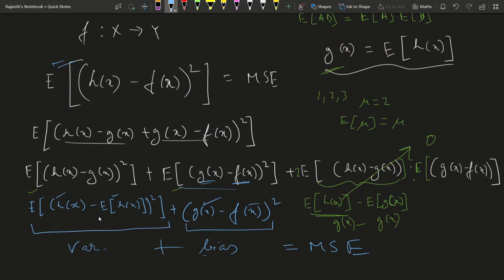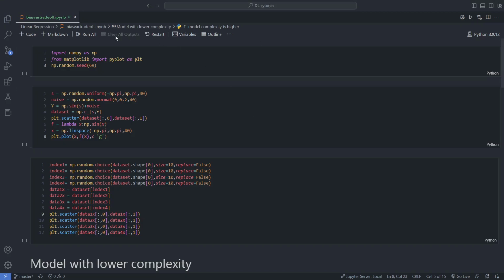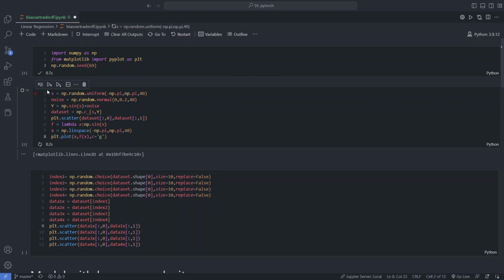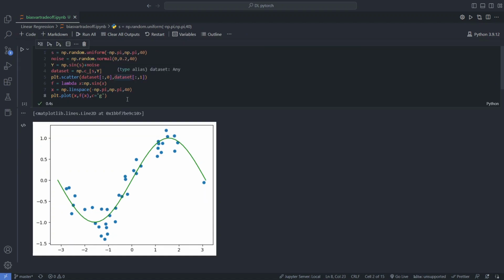Let us see an example. In this example, I have created a dummy data set. The blue points are my data set, and the green one is my function f of x, the target function.